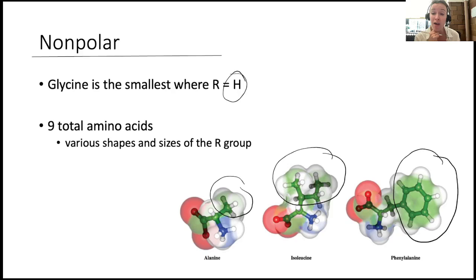This is because they are not polar. So they don't have that red or blue that we would expect to indicate polarity. They are non-polar. The electron density is spread equally through the R group.